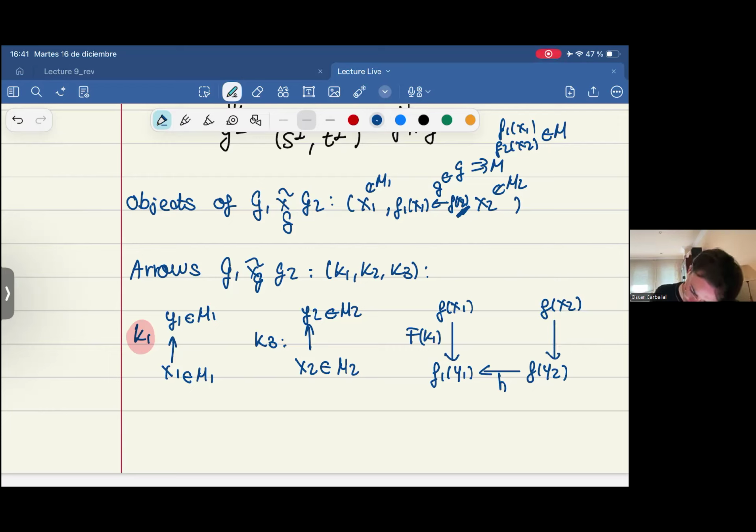And here we have F2 and the image of another arrow, right? Suppose that we have arrows G and H connecting this, and precisely K2 is the arrow here connecting the image of Y2 and the image of x1.